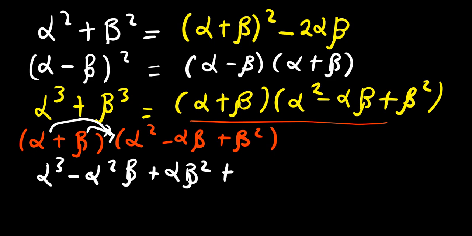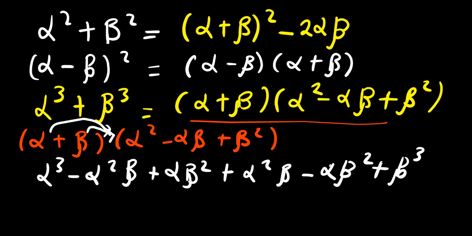You are going to have alpha squared beta, you're going to have minus alpha beta squared, plus beta cubed, like that.